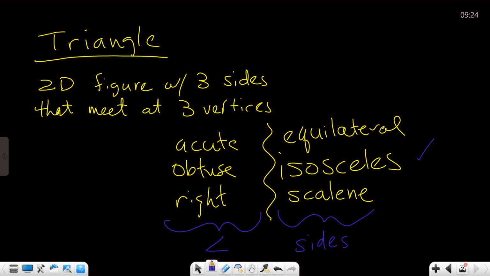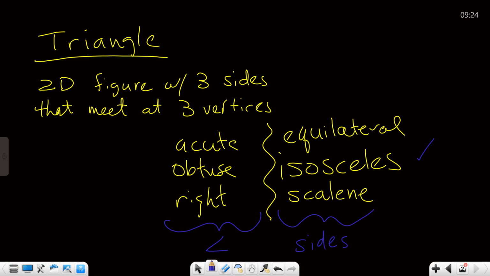Are all dogs golden retrievers? No. So if we define isosceles as having at least two equal sides, then isosceles becomes a golden retriever where all isosceles triangles would be triangles. Some isosceles triangles will also be equilateral, but not all isosceles triangles will be equilateral.